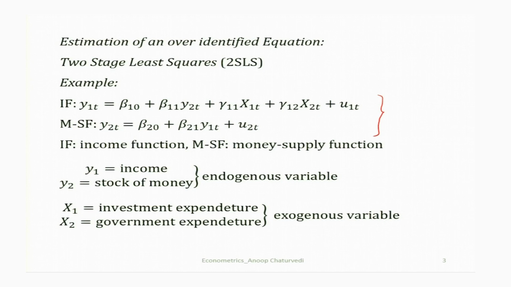And then it has a money supply function, which is y2t equal to beta20 plus beta21 y1t plus u2t. Here y1 denotes the income, y2 denotes the stock of money, and these two are the endogenous variables. So, we are denoting the endogenous variables by y. Then x1 is investment expenditure and x2 is government expenditure. These two are exogenous variables.